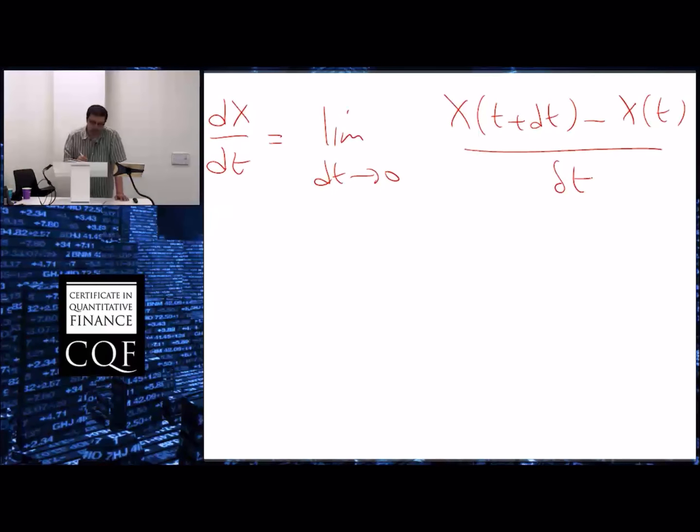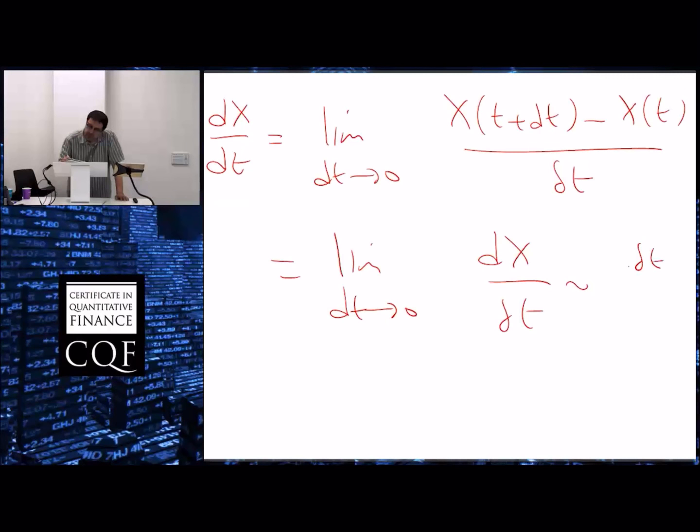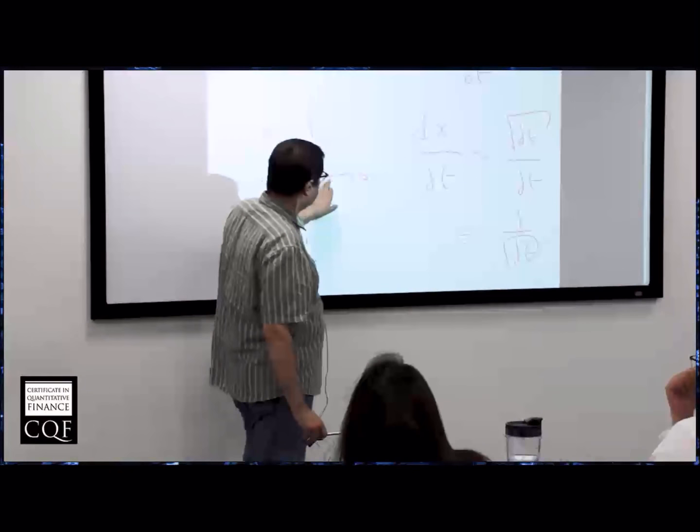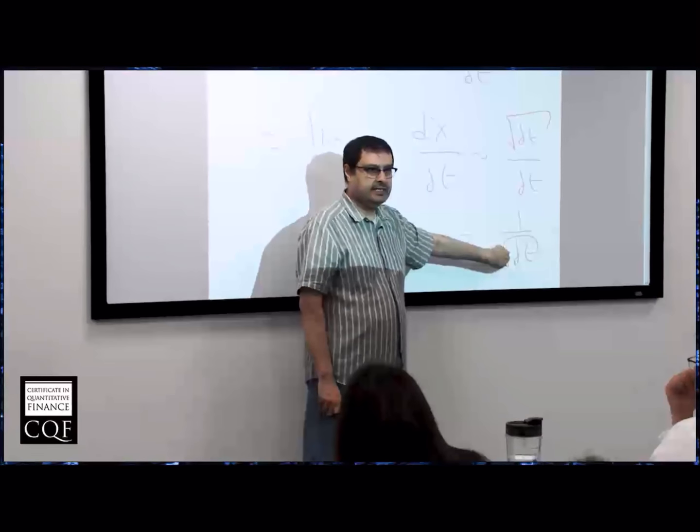How can we write the numerator? So limit dt tends to 0 of, well, we know that the top is dx, right? That's a change. And the top is root delta t, agreed? That's of size the square root of delta t over delta t. What does that become? That becomes 1 over root delta t. So we're saying the limit as delta t tends to 0 of this quantity. Does that exist?